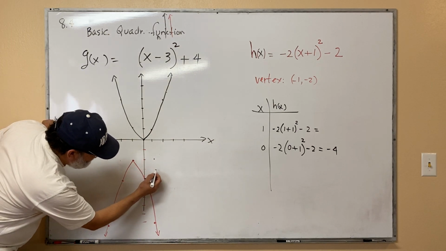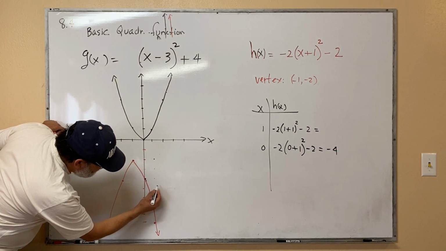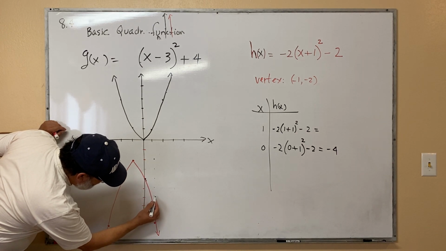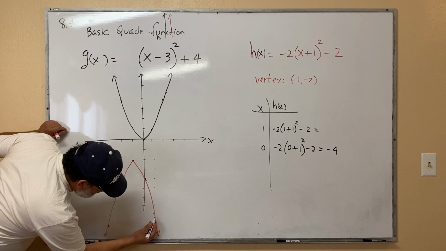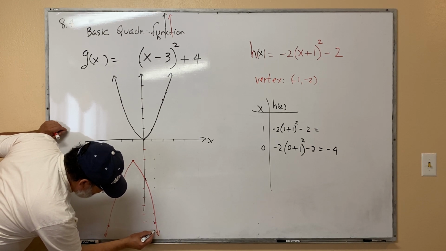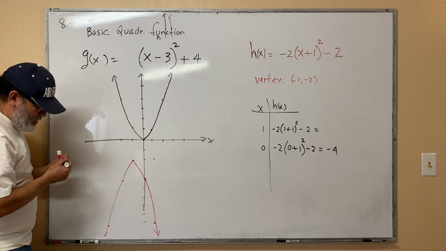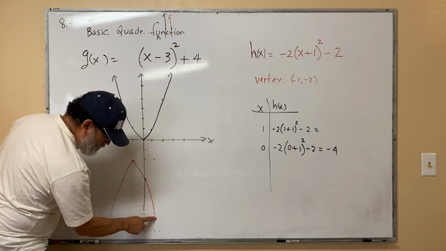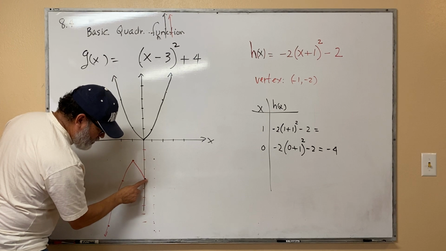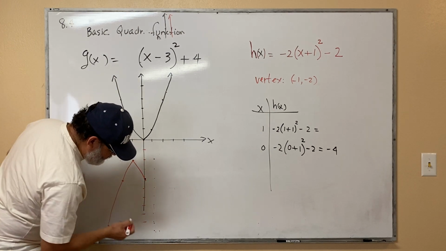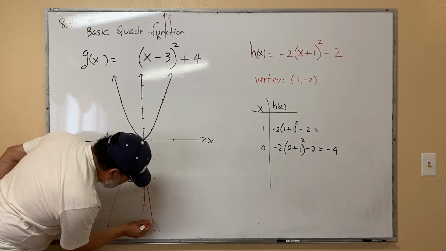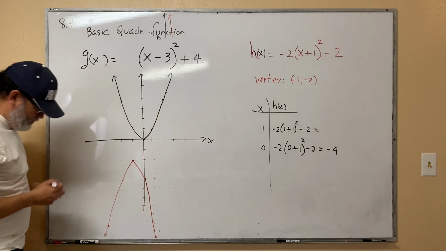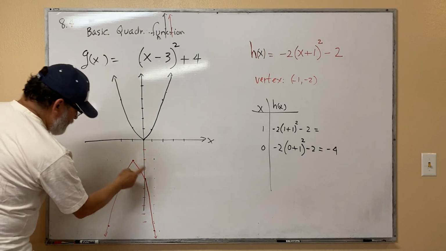So 1, 2, 3, 4, 5, 6, 7, one more, 8. I'm just off a little bit. Okay? So there we go. Should be right there. I just didn't go all the way down. There you go. And the same thing there.